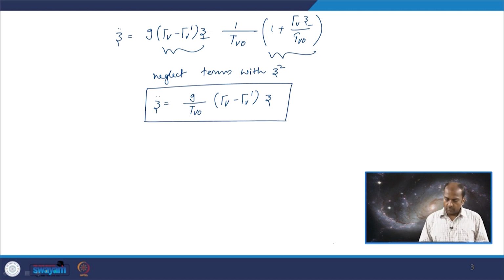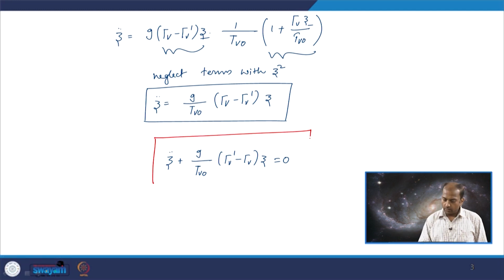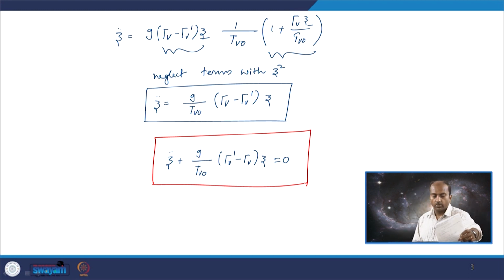So, what kind of differential equation is this? This is a second order differential equation: Z double dot plus G by T V0 times (gamma V prime minus gamma V) times Z is equal to 0, right. So, this is the second order differential equation that you want to solve. Now, what does this equation signify?